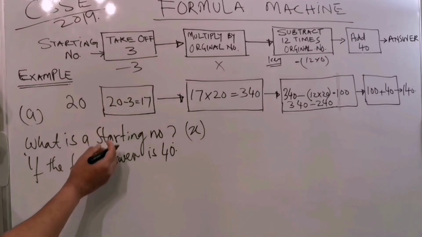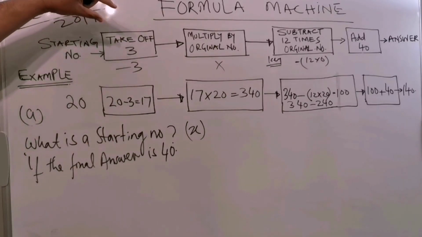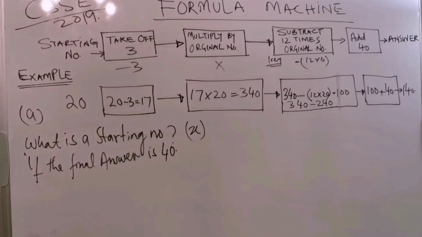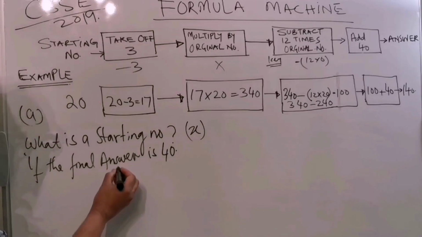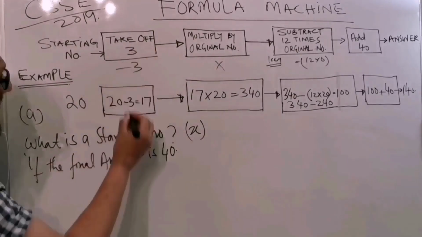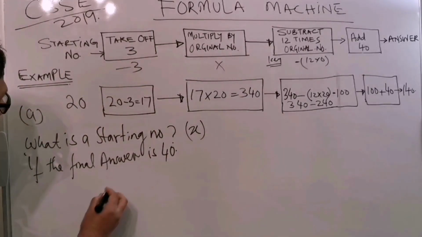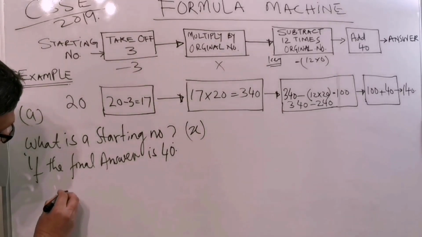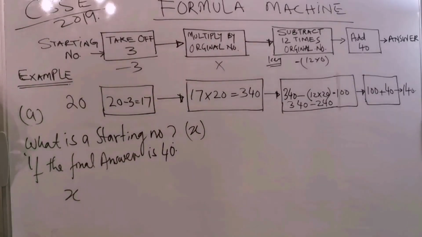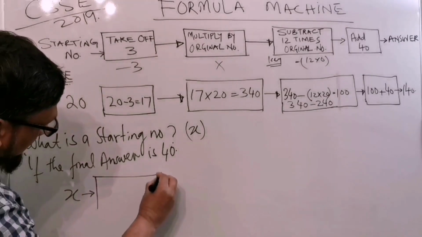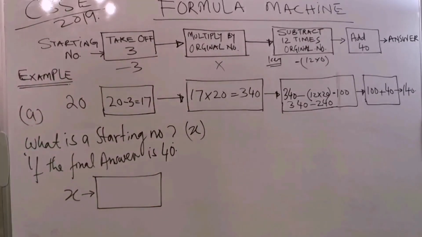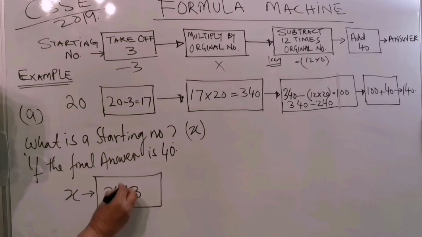So the same formula machine is there, and we are processing according to the formula machine to get the answer. The first step is take off 3, so the starting number is x, take off 3, so x minus 3.